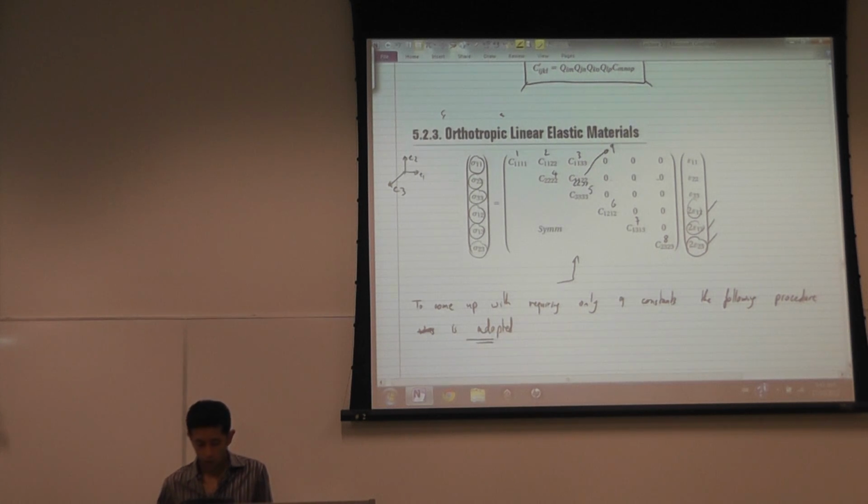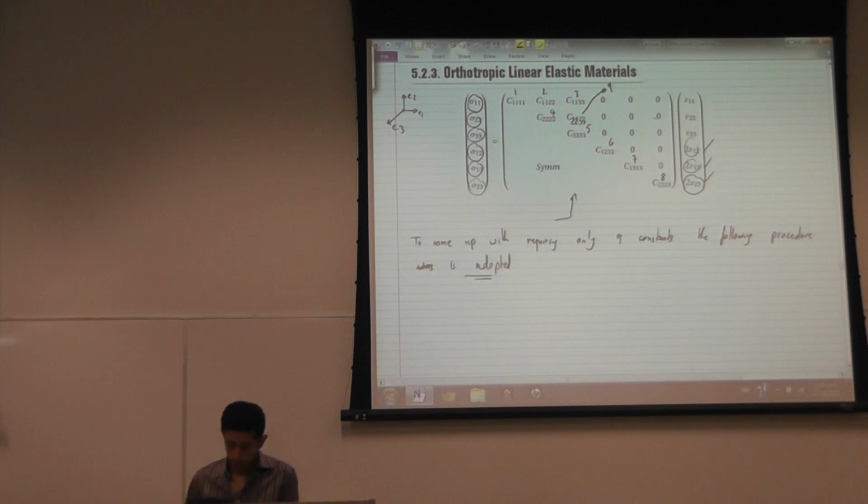The procedure is as follows. This is E1, E2, and E3. Then the relationship between sigma and epsilon is described by this.